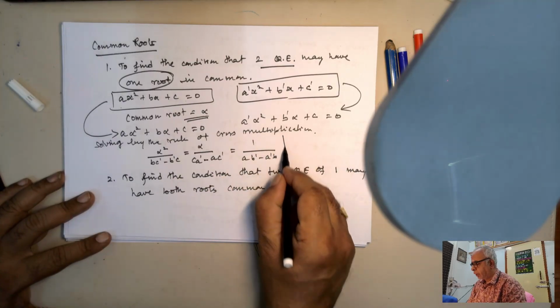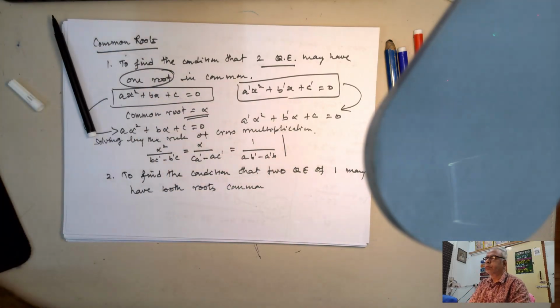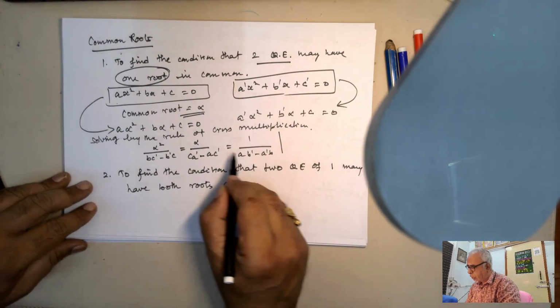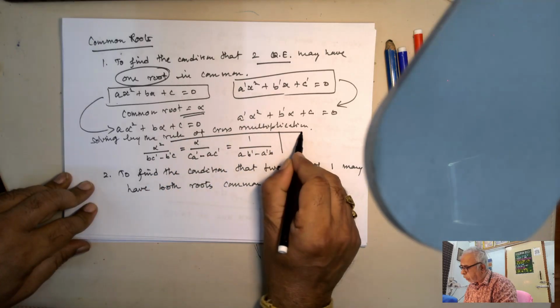Let me expand this further. Let me explain this rule of cross multiplication separately.